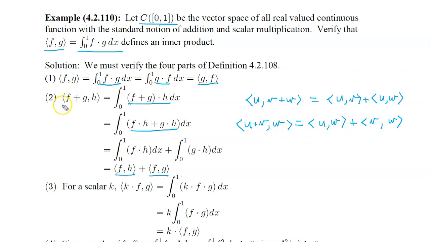And what we have proven here is actually this one right here instead of this one. But it doesn't matter which one we use, because if this one is true, then this one will be true. And if this one is true, then this property will be true by the commutative nature of the inner product.